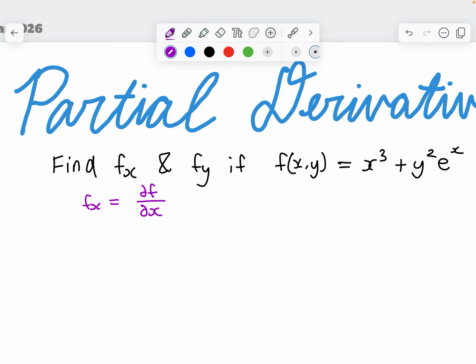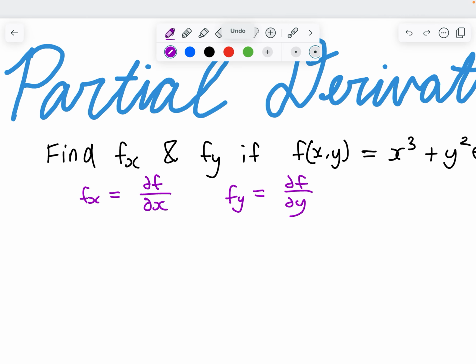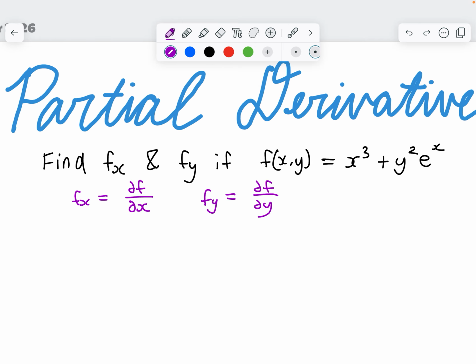Really, we're trying to find the partial derivative. Likewise, for fy, it would be with respect to y. So what I mean is, if we have fx, we're trying to derive only x, and we're treating y as a constant, whereas in fy, we're treating x as a constant and trying to derive y.